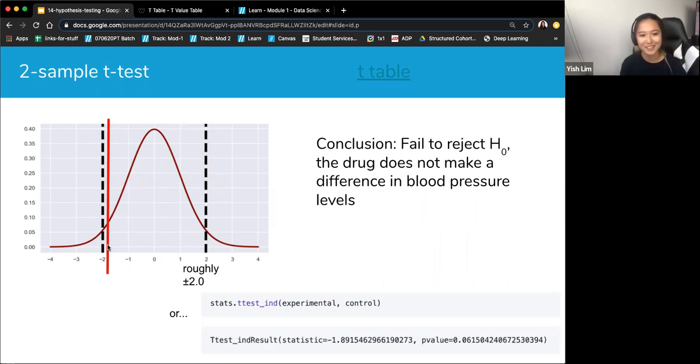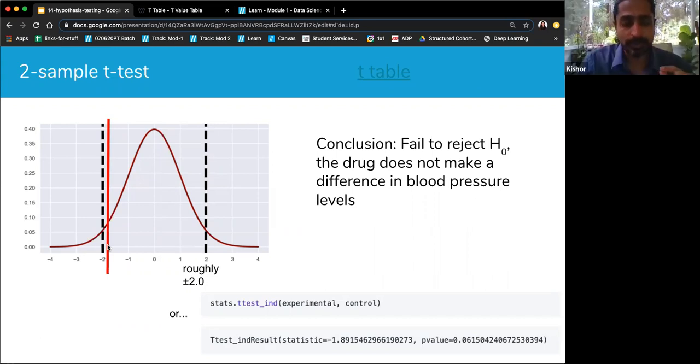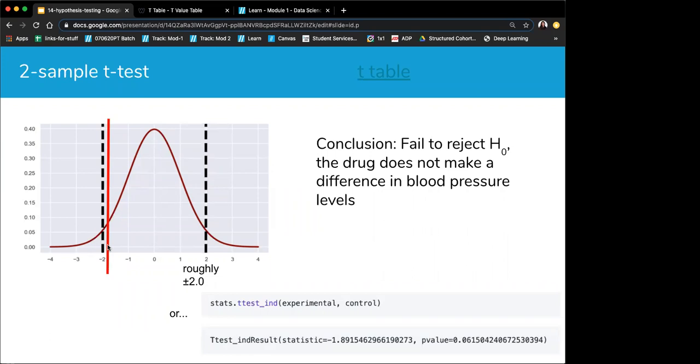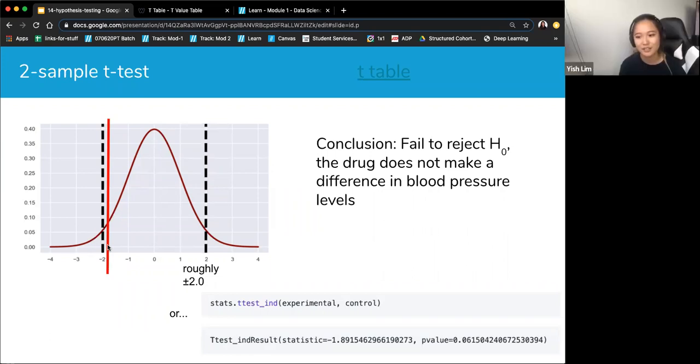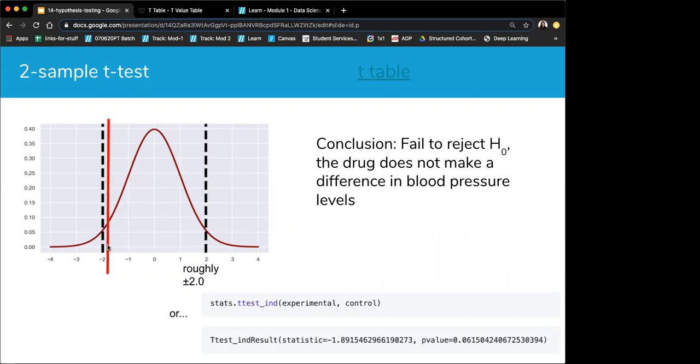Exactly. So the closer to accuracy you want, you will set a lower alpha. Yeah, I guess not closer to accuracy. I would think of it as the more strict you want your test to be. Got it. Gotcha.